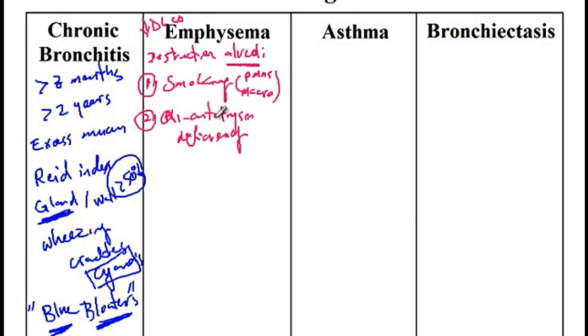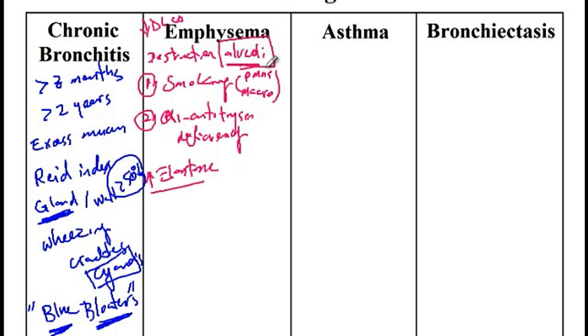On the other hand, alpha-1 antitrypsin is the antiprotease enzyme that will stop the action of the elastase. So patients that are deficient in alpha-1 antitrypsin will therefore have increased elastase activity. So both smoking and alpha-1 antitrypsin deficiency will lead to increased elastase activity that will cause destruction of the alveoli and cause emphysema in these patients.